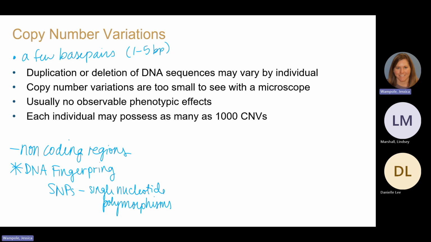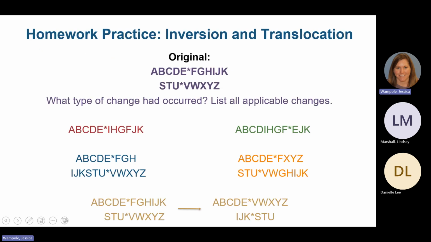All right, so I'm going to go back to problem practice. So this is on the bottom of the sheet that I gave you. So here we're looking at inversions and translocations. So for our inversions, we have paracentric inversion.